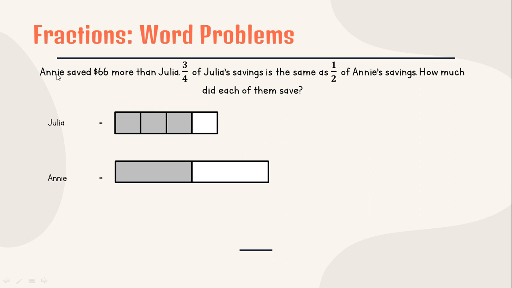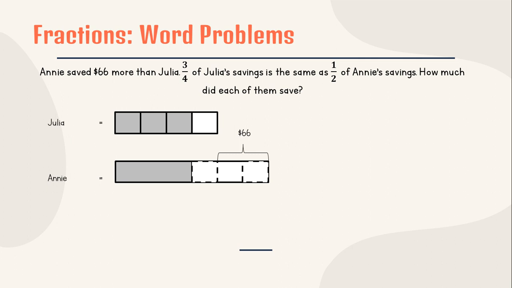After that, we know that Annie saved 66 more than Julia. It means that this one, right? Nah, that is 66. Can we find it? Look at here. The question will ask you how much did each of them save? Don't forget, each of them artinya Julia berapa, Annie berapa.